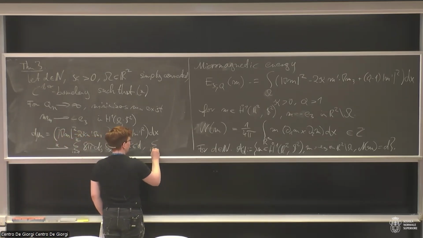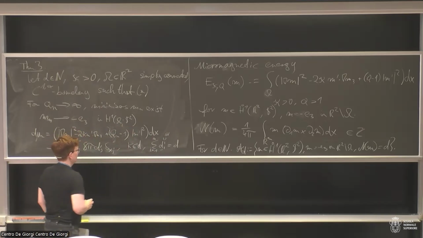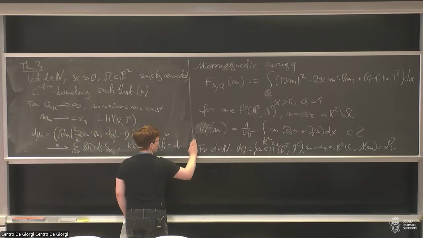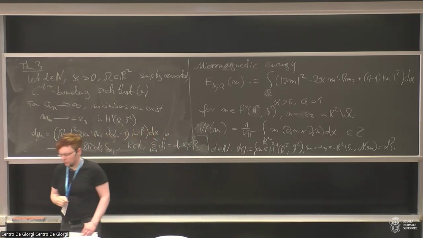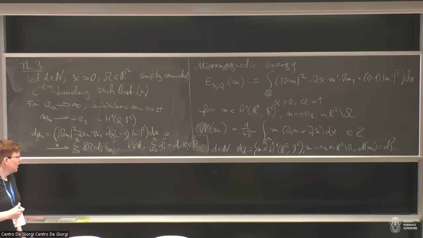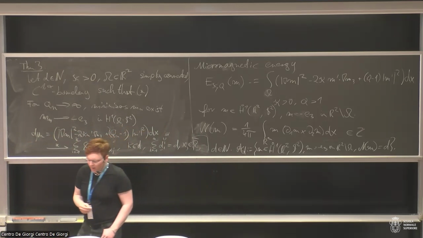The sum of the di's is d. These are natural numbers, of course, and the xj's are in omega. I don't remember. Let's say closure for safety.